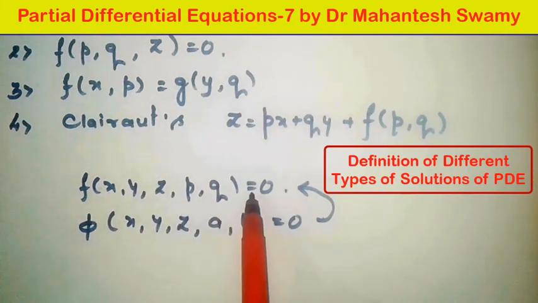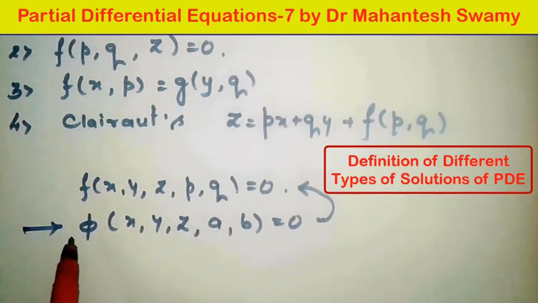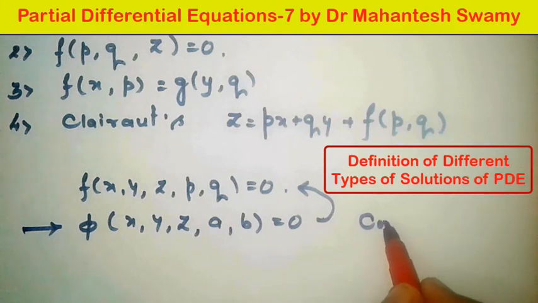This partial differential equation will be satisfied by some function of the form phi of x comma y comma z with two arbitrary constants a and b. If this expression satisfies the given partial differential equation, then we say this expression is a solution of the given partial differential equation, and particularly it is known as the complete integral.